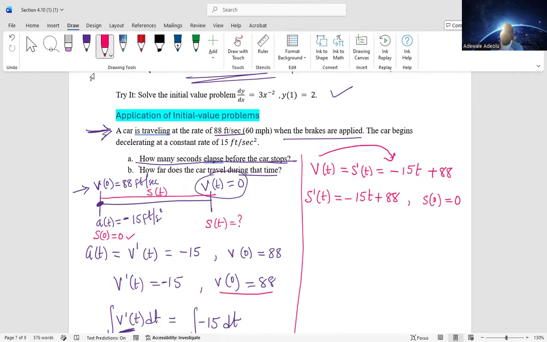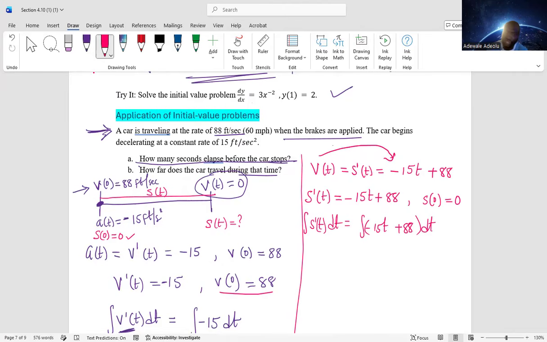Now that we have this, to find that function, I just need to take the antiderivative: the integral of negative 15t plus 88 dt. You must put that dt there.